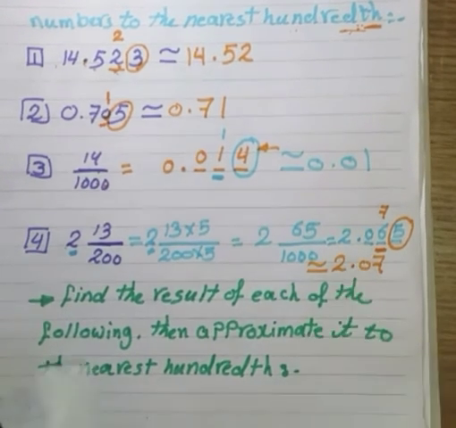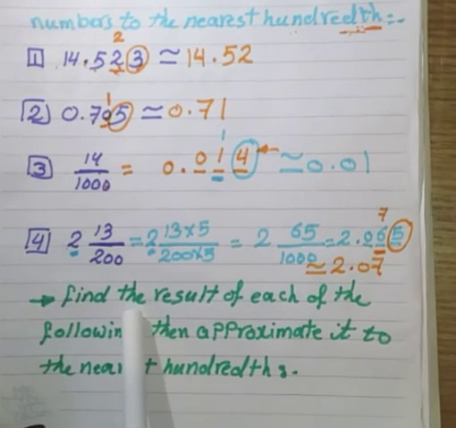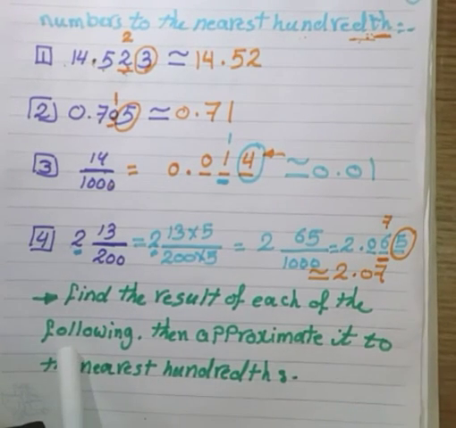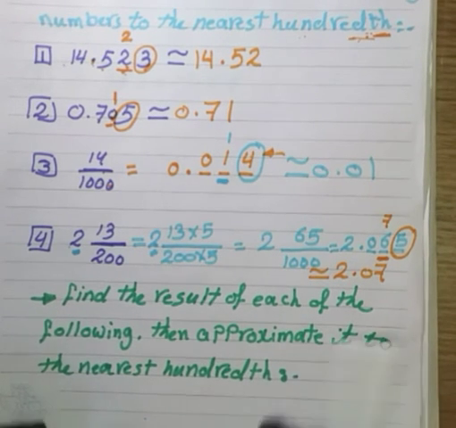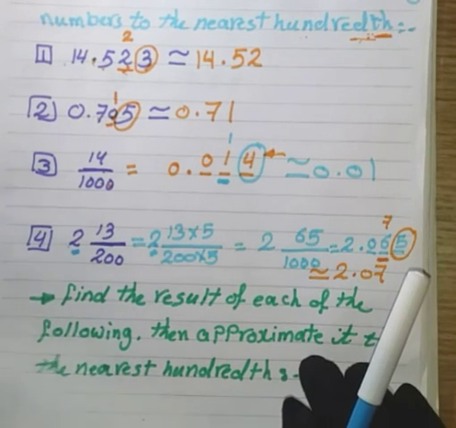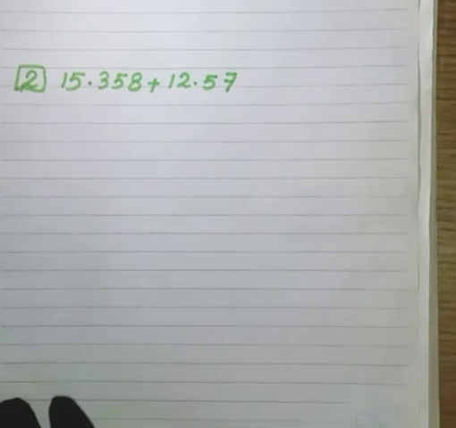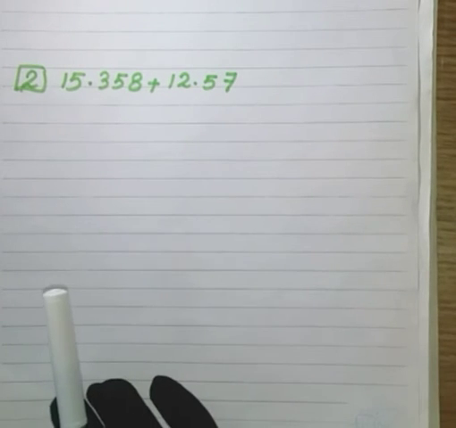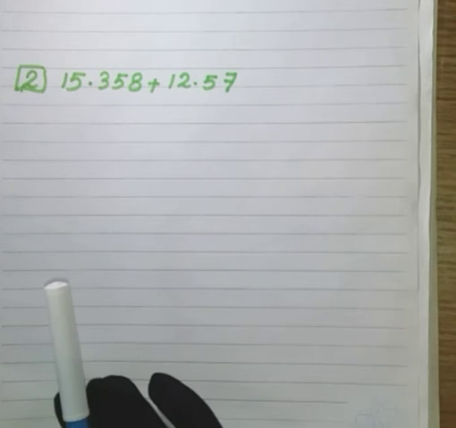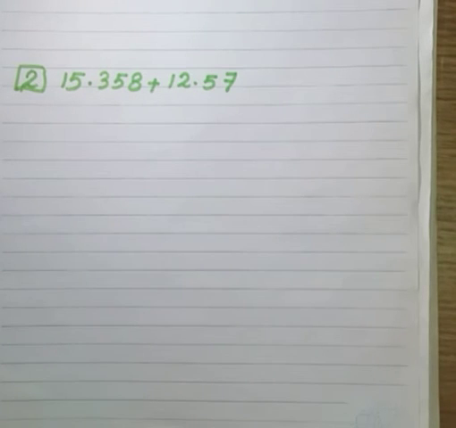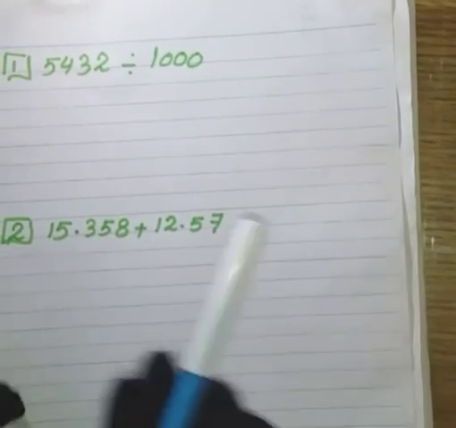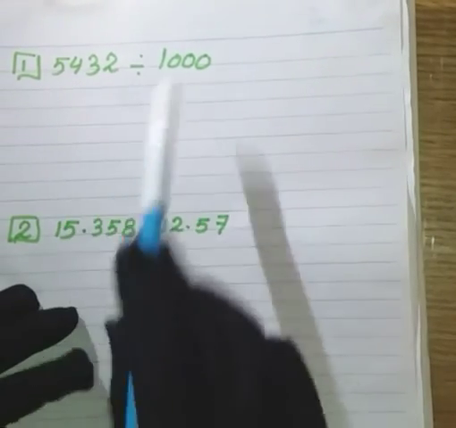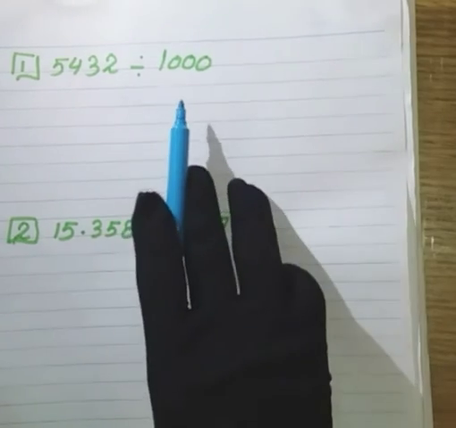The last questions here: find the result of each of the following, then approximate it to the nearest hundredth. 5,432 divided by 1,000. What does it ask me to do?